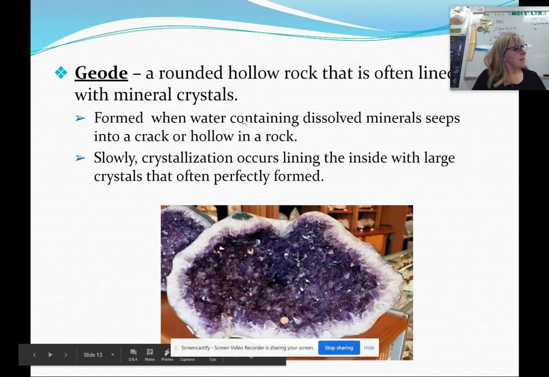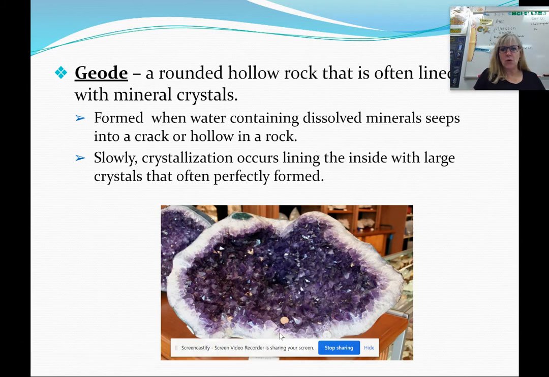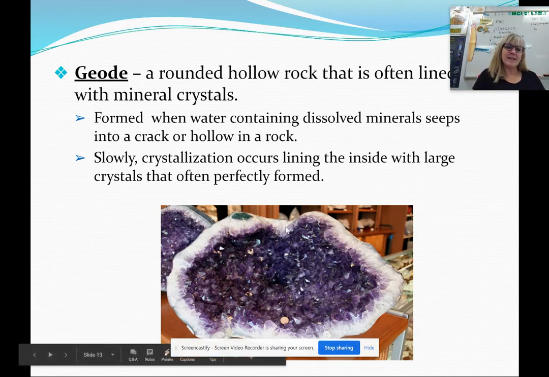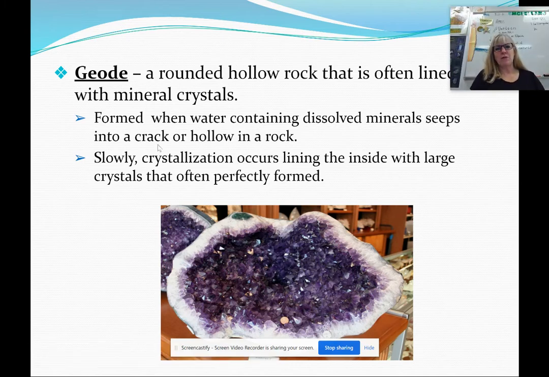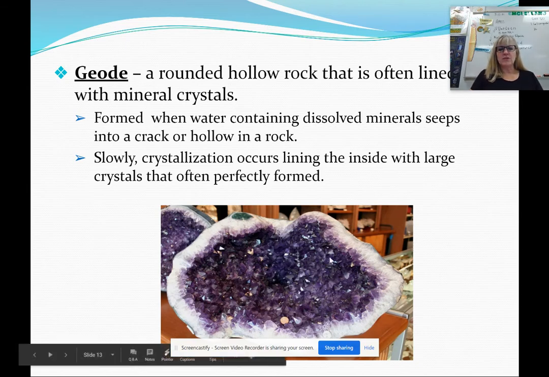It formed when water containing dissolved minerals, in this case quartz, which has something in it that's making it a purple quartz we call amethyst, seeped into a rock or a crack in layers of different sediments. The crystals slowly form in that liquid, and they have some space to grow. That's why you get these beautiful crystals.